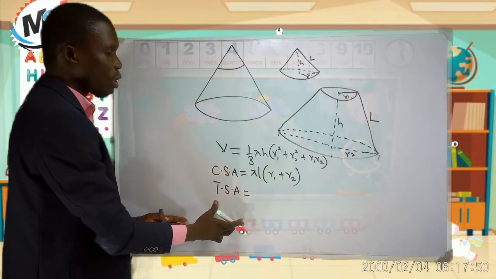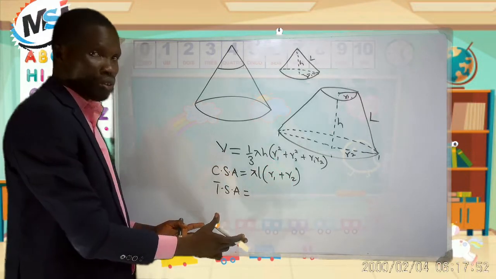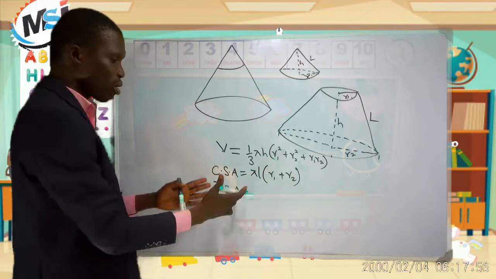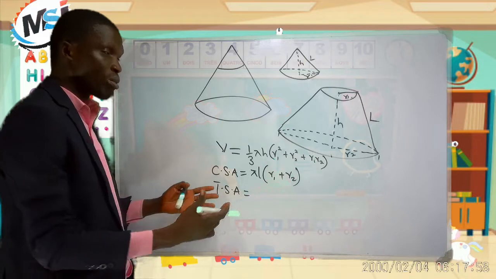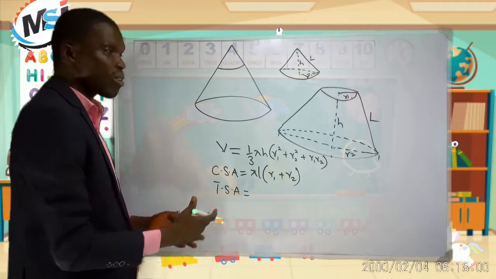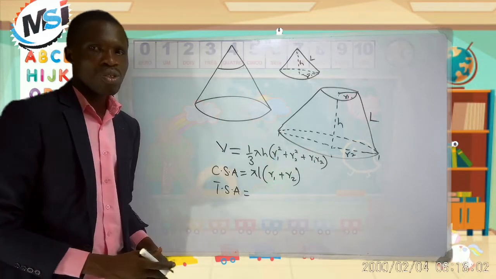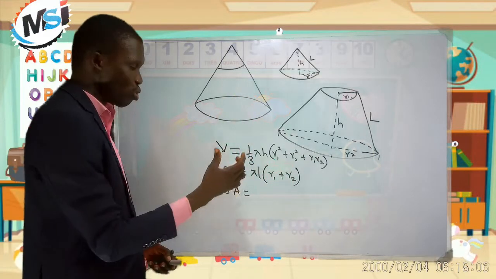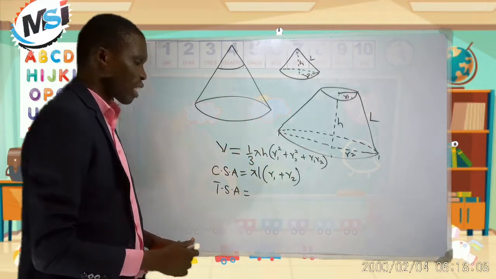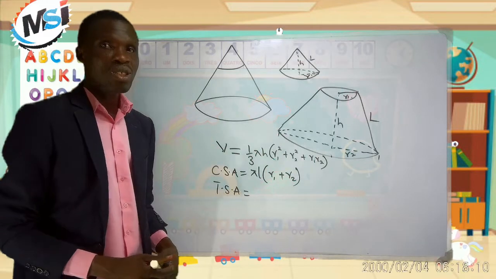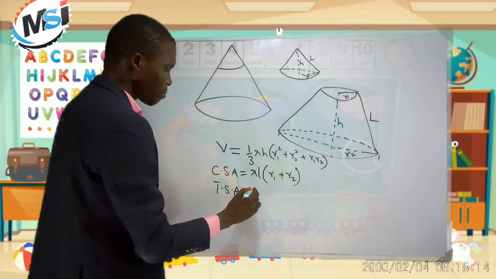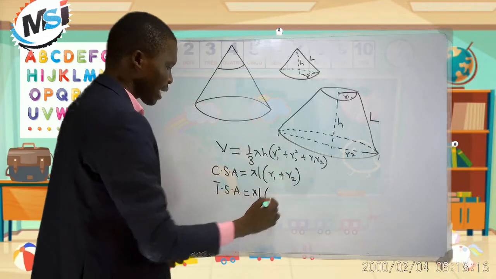I need to give you all this because we are going to solve questions related to this formula, and once you understand this formula, you'll be able to apply them in any question given to you. So now let's look at how to find the formula to find the total surface area. So the formula to find the total surface area of a frustrum is pi L bracket.